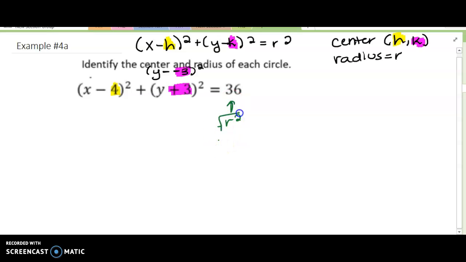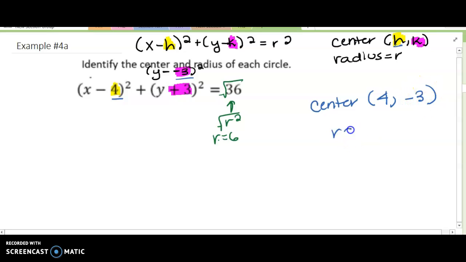So the square root of this would be r. Okay, so I can say my center is 4, k is negative 3, and my radius is 6.